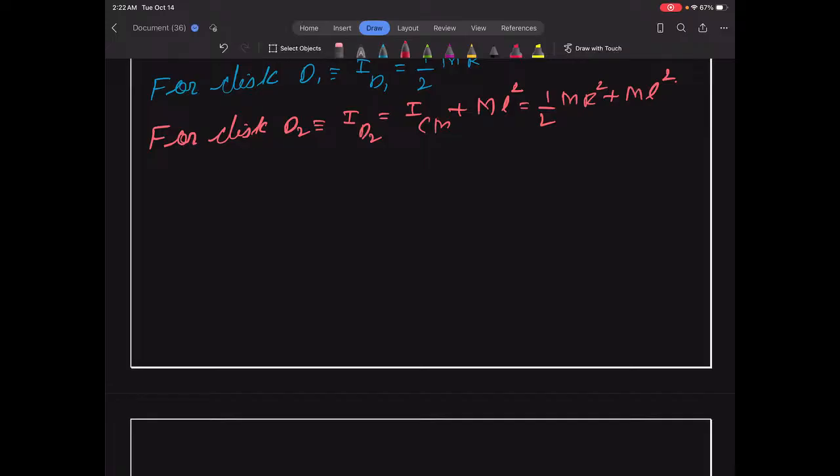The only major change will be for our rod. So we can say for the rod, let us call this I_L, and we know that our center of mass is at a distance L by 2 from the point of pivot.